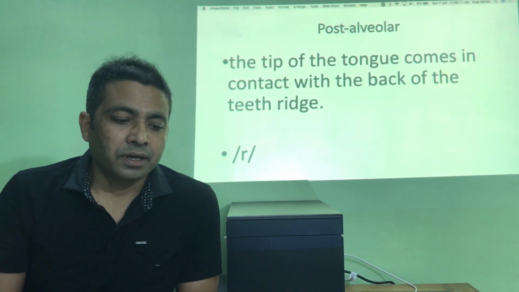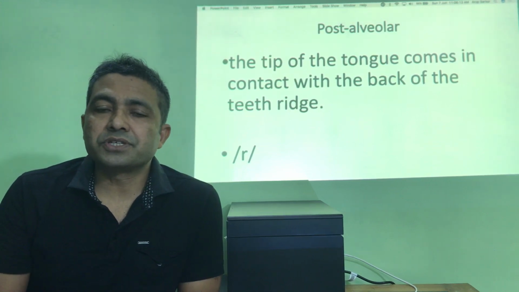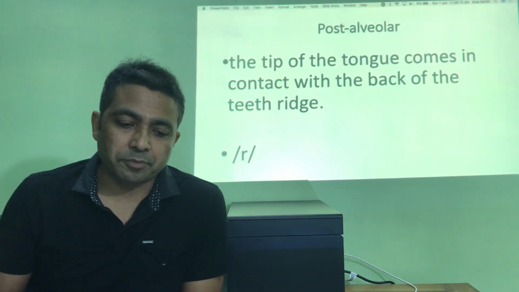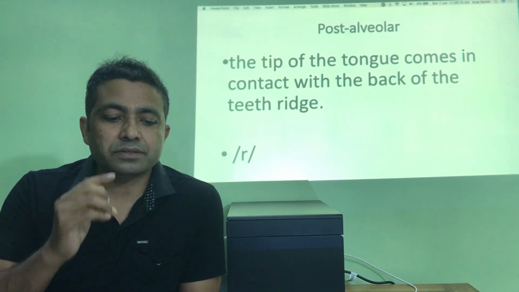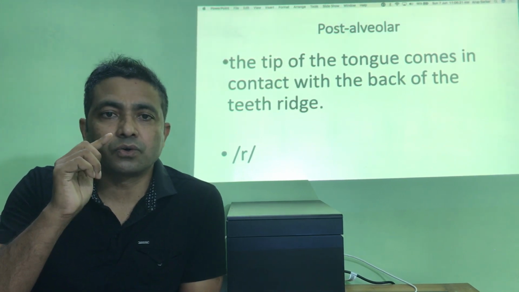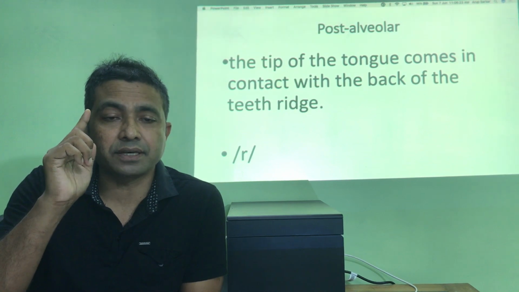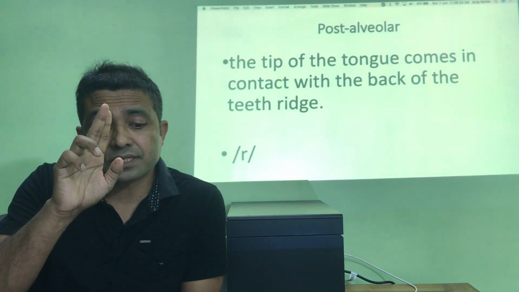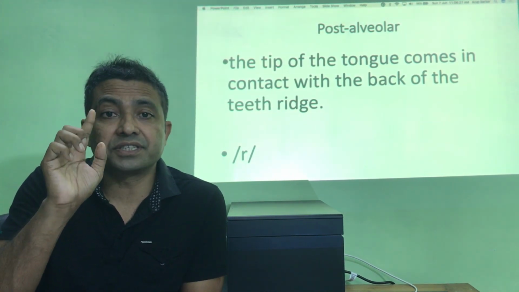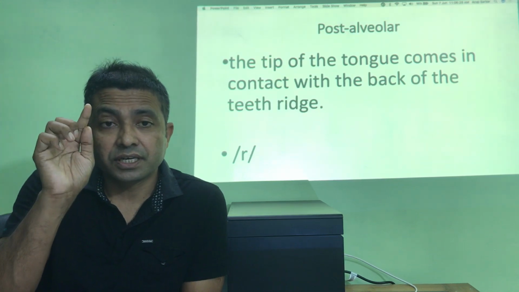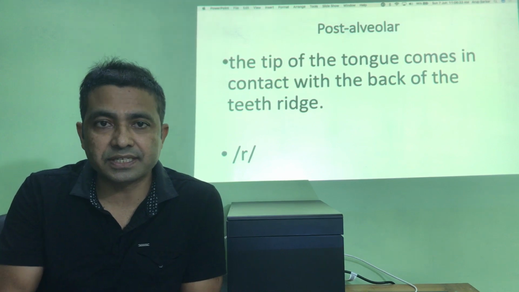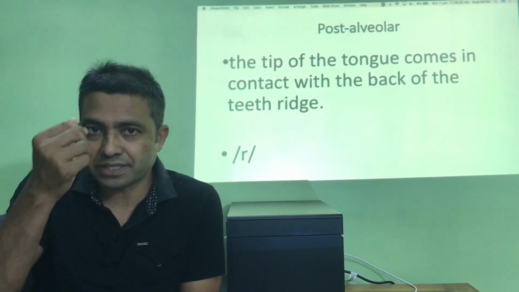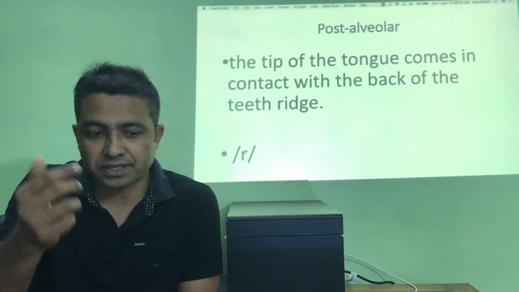Post-alveolar. Ra is the sound which is post-alveolar in English RP. During the production of ra, the tip of the tongue touches the position just after the alveolar ridge. So it is named post-alveolar, not exactly alveolar, but after that.